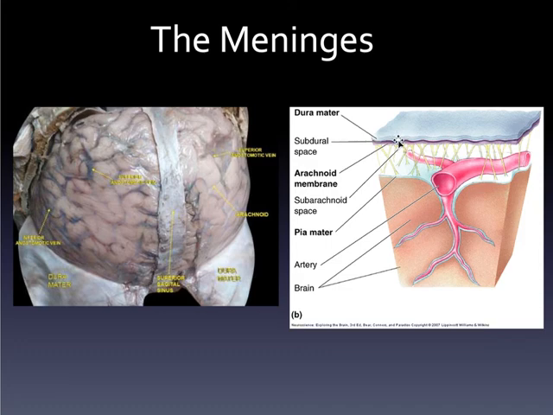There are places where the two layers in the dura mater pull apart. You can see one of these here. They're showing you the dura mater here kind of peeled away, but along the midline there's a space inside the dura mater called the dural sinus, and I will talk about the function of that in a moment.